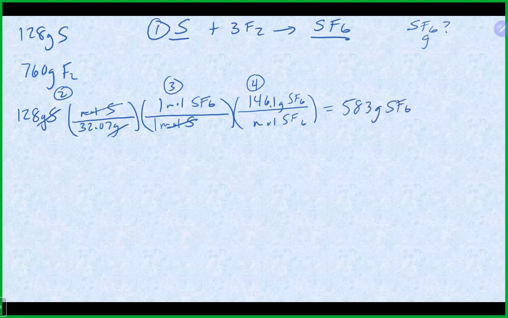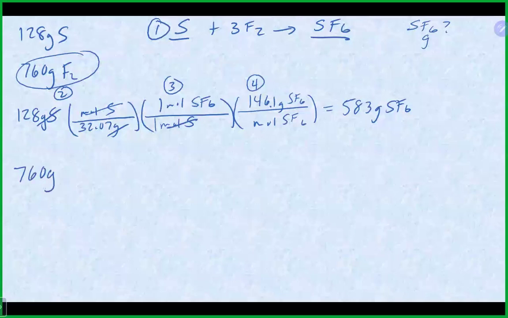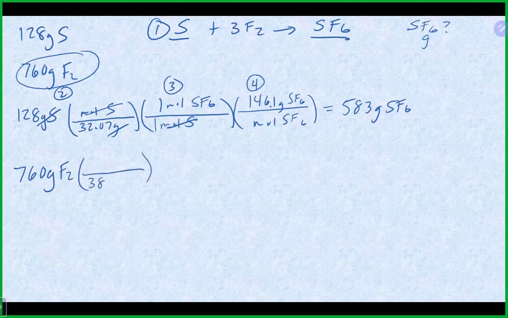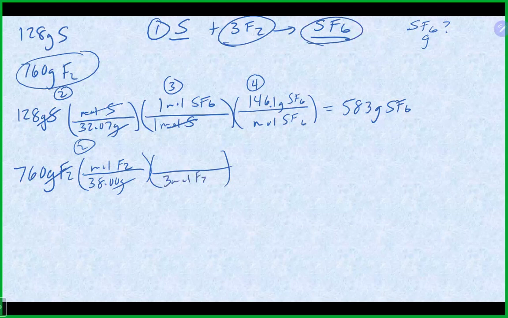We would then go back and take our second reactant and do a similar calculation, using the molar mass, 38 grams per mole of F2, step number 2. Again, grams will cancel. We will now do our mole to mole relationship between F2 and our product, and that is 3 moles of F2 to 1 mole of SF6. Again, the moles of F2 would cancel. That's our third step.